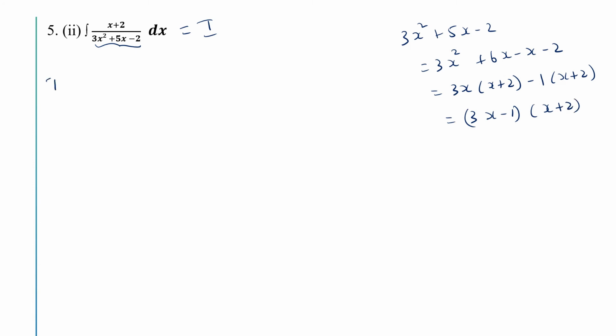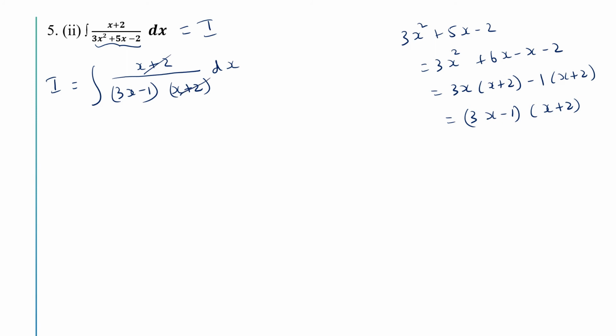So I is equal to integral x plus 2 by 3x minus 1 into x plus 2 dx. So we have to think of some form to reduce the given integral so that we will be able to use the standard integrals.